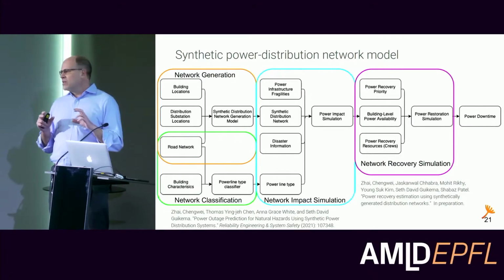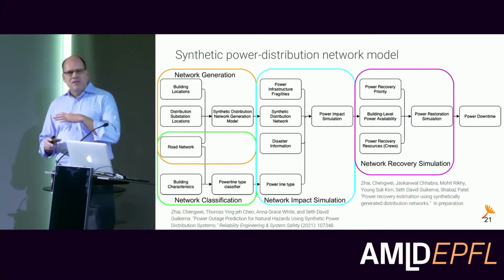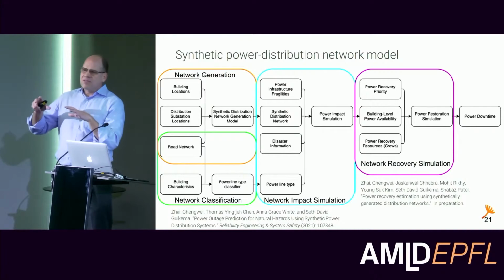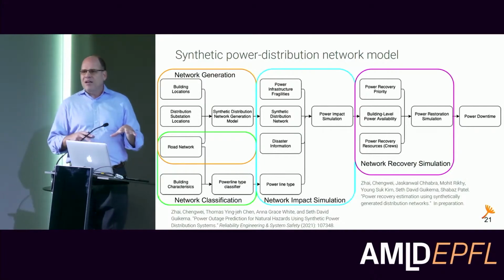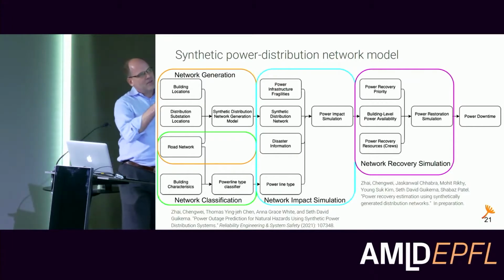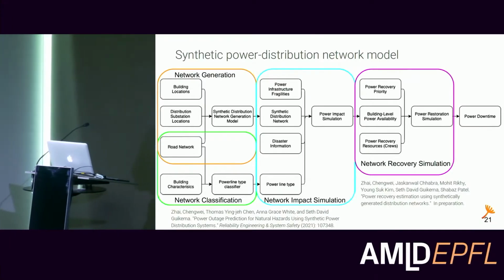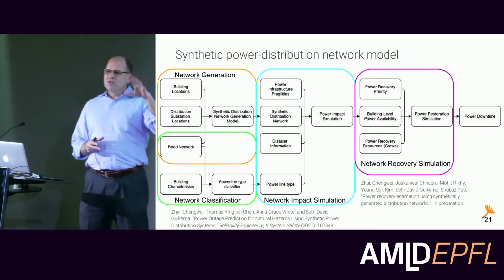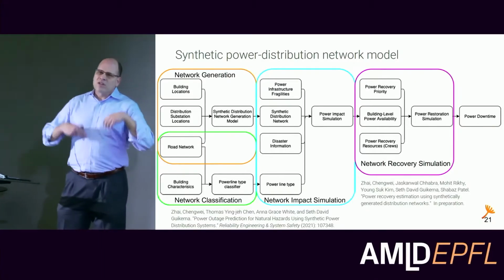And specifically, when I'm looking at, say, the topography of a particular area, that will tell me something about, say, how a flood is going to come into that area and how that might interact with that power grid network.